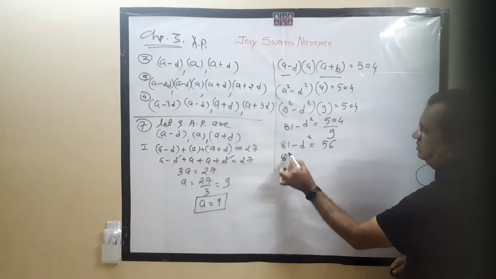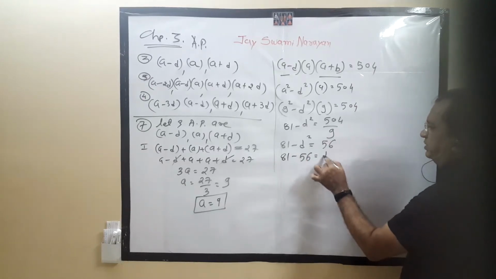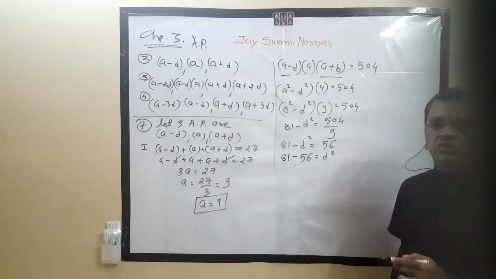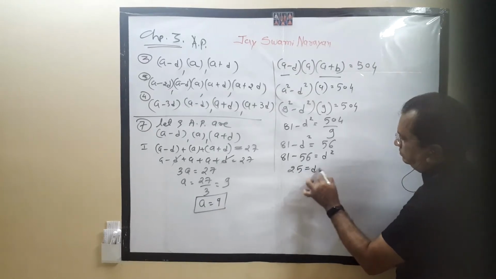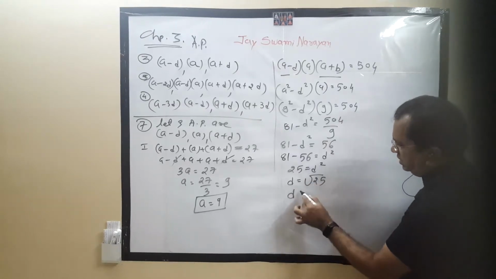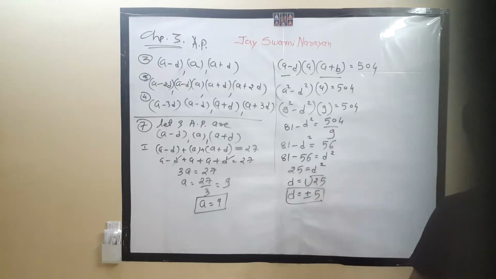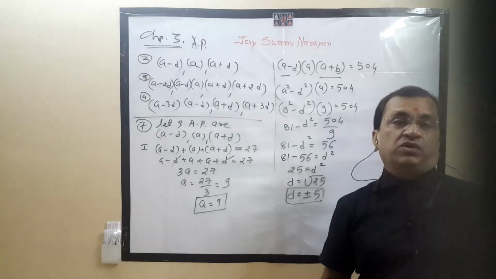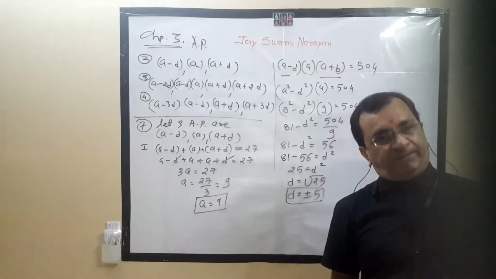Now this comes this side, negative to positive, and this also negative to positive. What is the difference? 25. So D is under root 25, so D can be plus or minus 5. The answers of D are double, plus 5 and minus 5, because plus 5 squared is 25 and minus 5 squared is also 25.